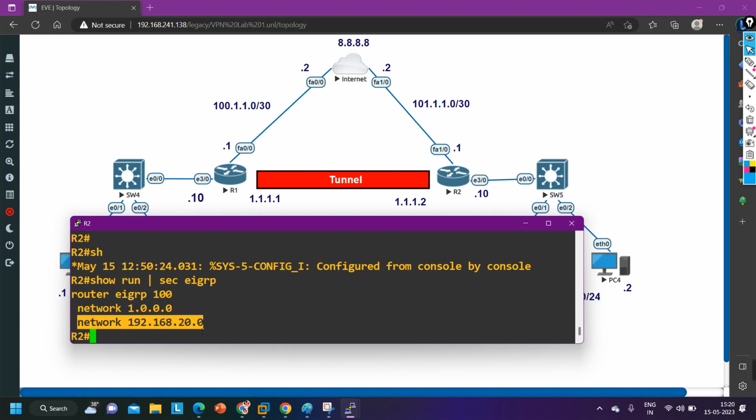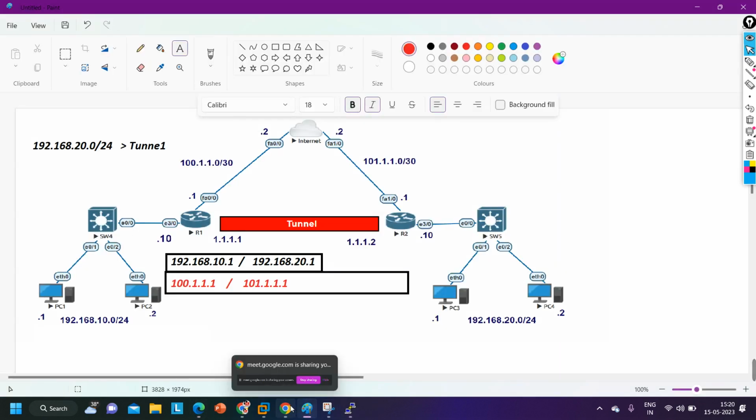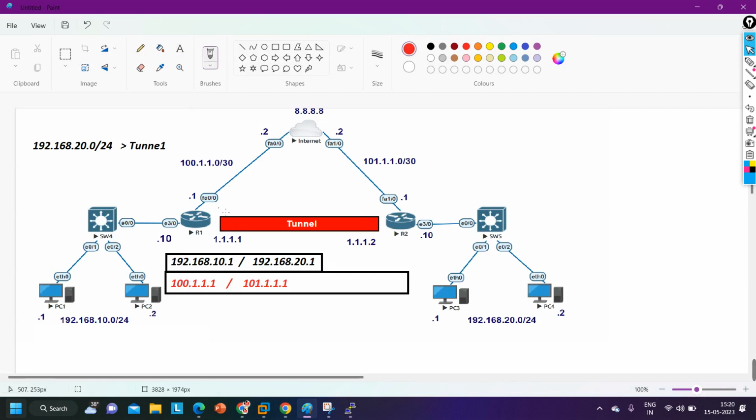So what will happen here? R1 will send one hello message from the tunnel interface. This router will also send a hello message from the tunnel interface to form EIGRP neighborship.